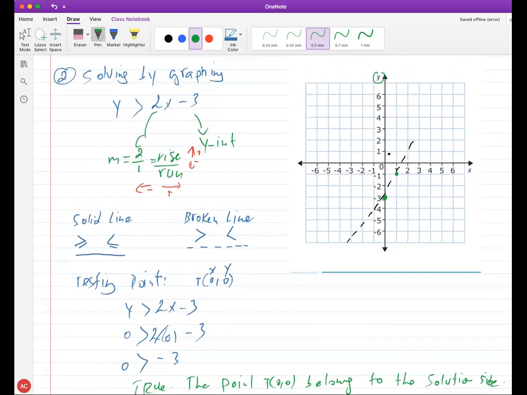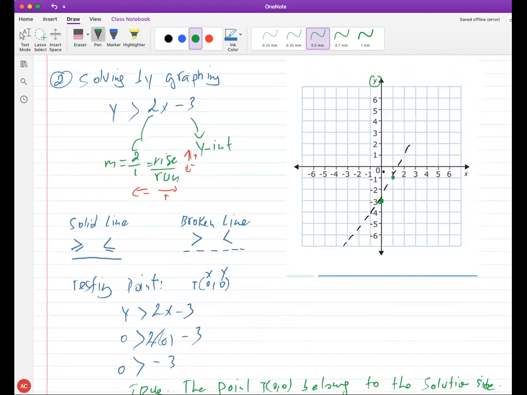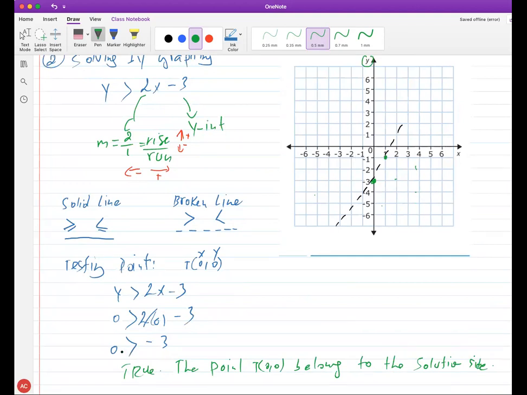That means this point here, which we took from this side, is good. Therefore, every other point on this side of the line is good. Any point you take from anywhere on this side will be a good solution. But if you take any other points from the other side of the line, for example, here or here, you'll get something that doesn't make sense here. For example, 2 is greater than 100 or something like that.